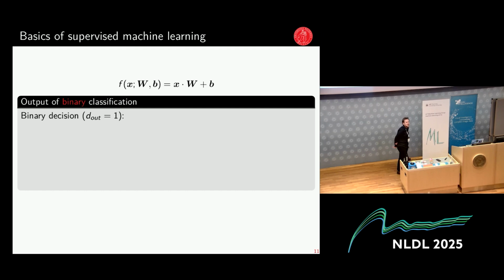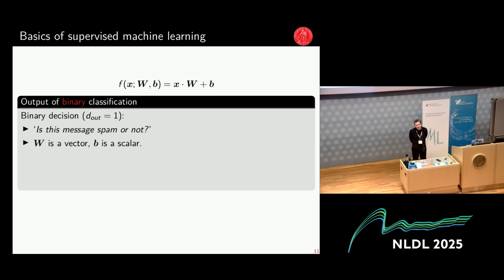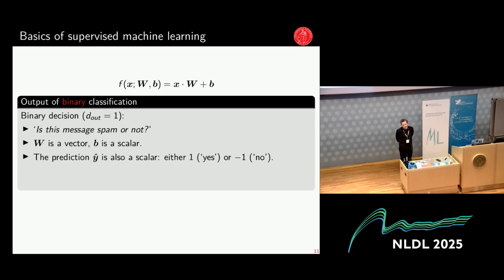100% correct labels. If we have a binary classification, a classification into two classes, like whether the message is spam or not, W is actually not even a matrix, it's a vector. So it's just a one-row matrix. And B is a scalar, just a number. So the prediction, y hat, will also be a scalar, either 1 or -1.